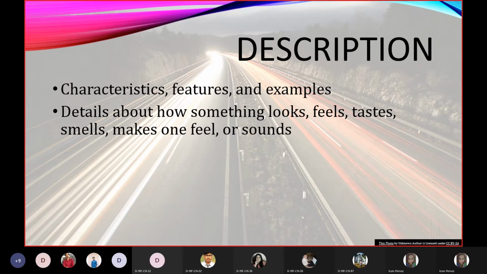So when we write descriptive paragraphs, we tell about the characteristics of certain things, features, and their examples. Most often, this is linked to how we sense it. Sense means how we feel it, see it, taste it, smell it, how it makes us feel, and how it sounds.